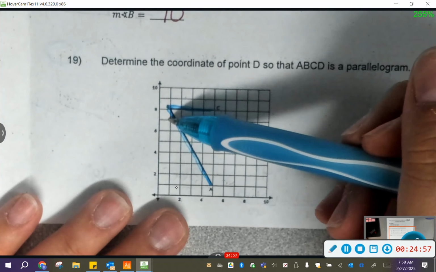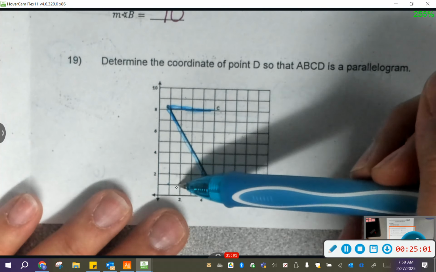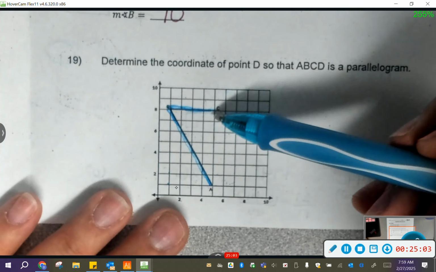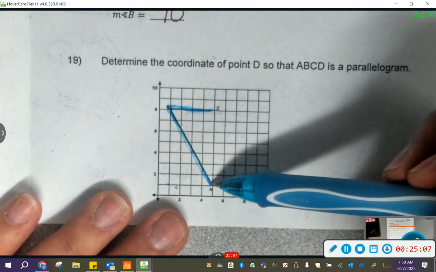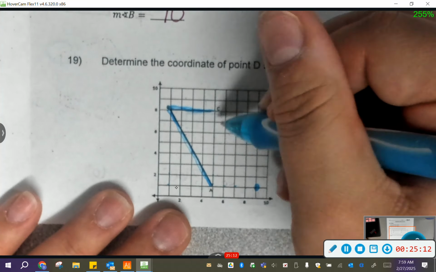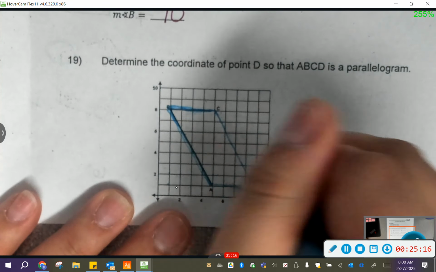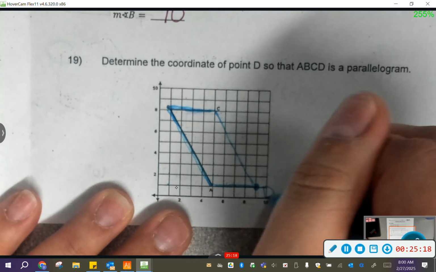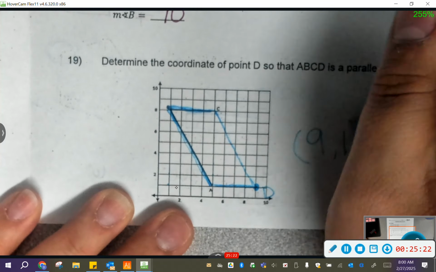I'm going to go down 1, 2, 3, 4, 5, 6, 7 over 1, 2, 3, 4. What point is that at? 9, 1.